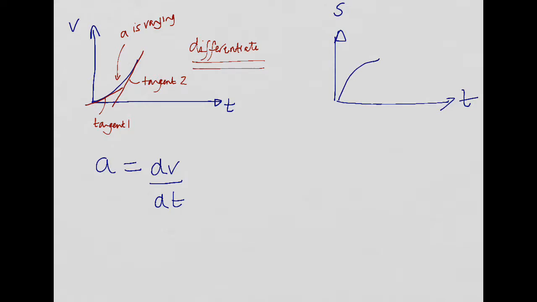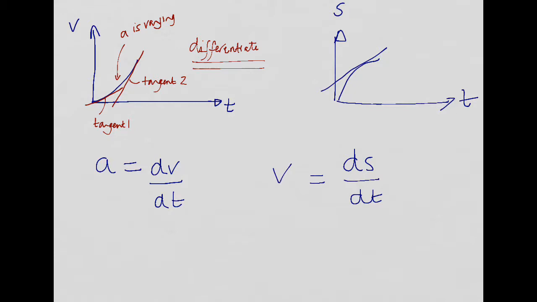And here, if I had a function relating displacement and time, and I differentiated that function, my gradient at any point would be equivalent to my velocity.